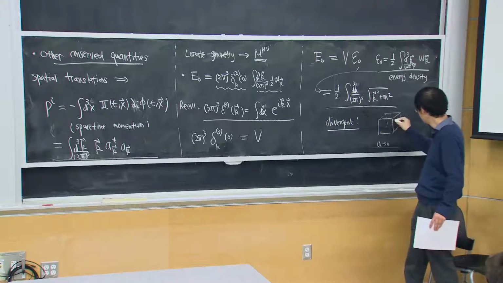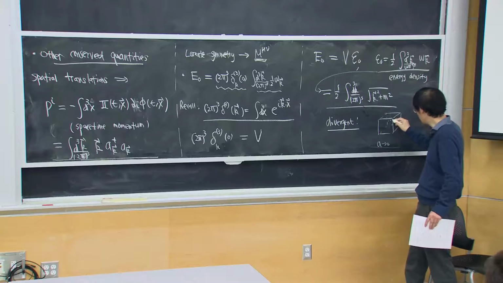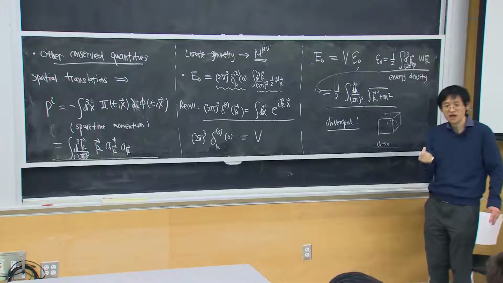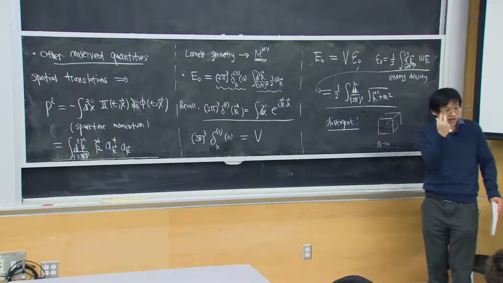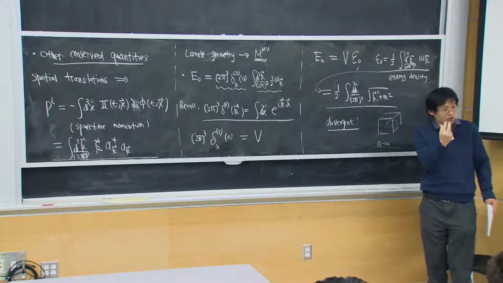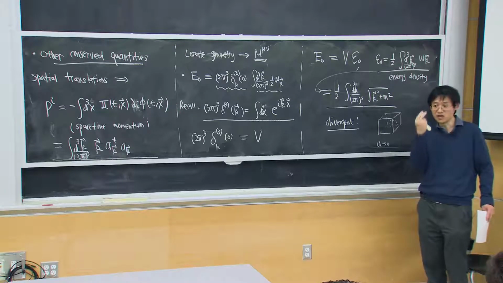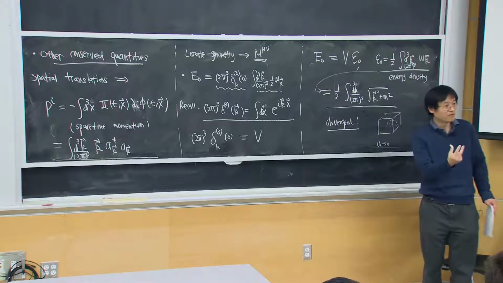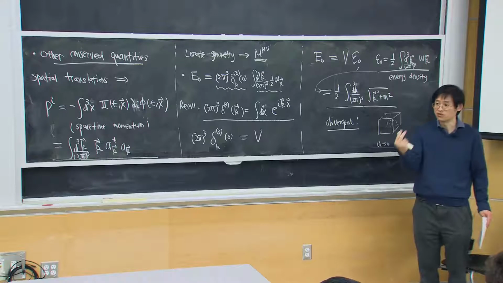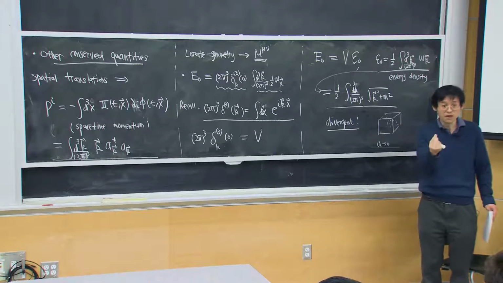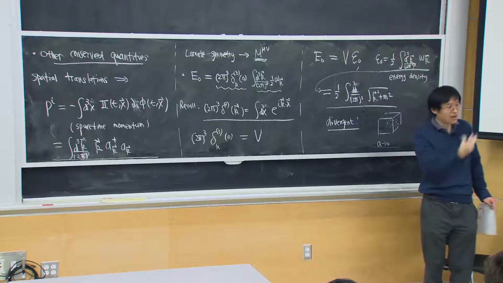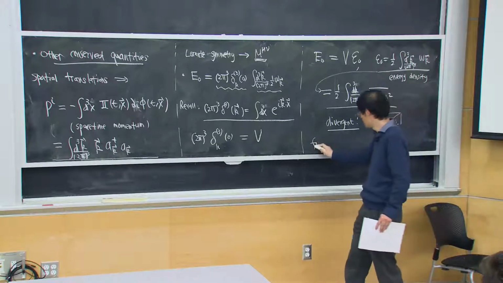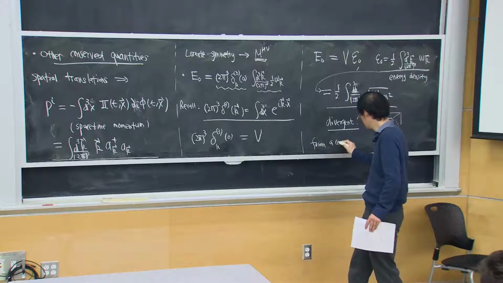That is where this divergence comes from. In field theory, you have a continuum of degrees of freedom, so at each point you have a degree of freedom, and within any volume you definitely have an infinite number of degrees of freedom.